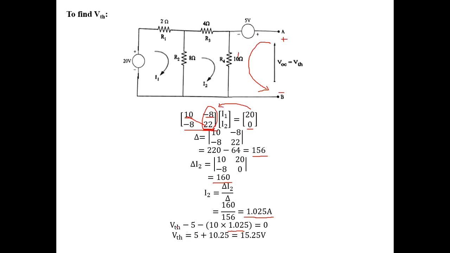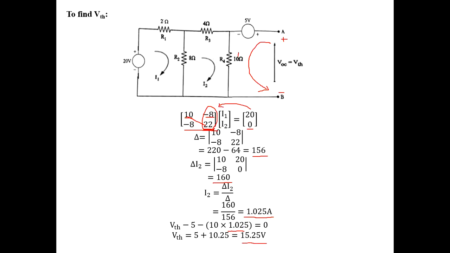VThevenin minus 5 minus 10 into the current value is equal to 0. Solving this we get VThevenin equal to 15.25.